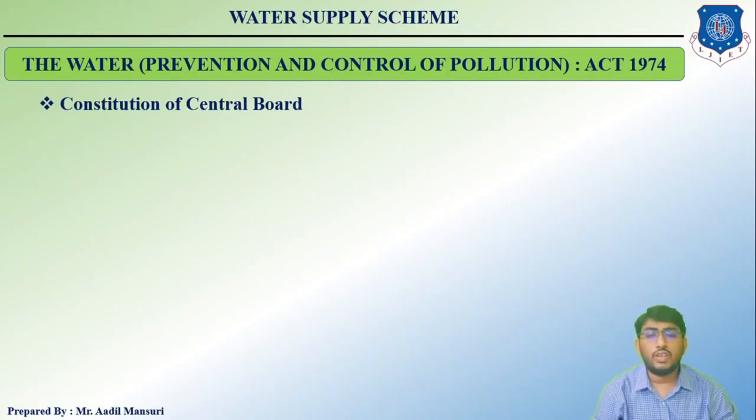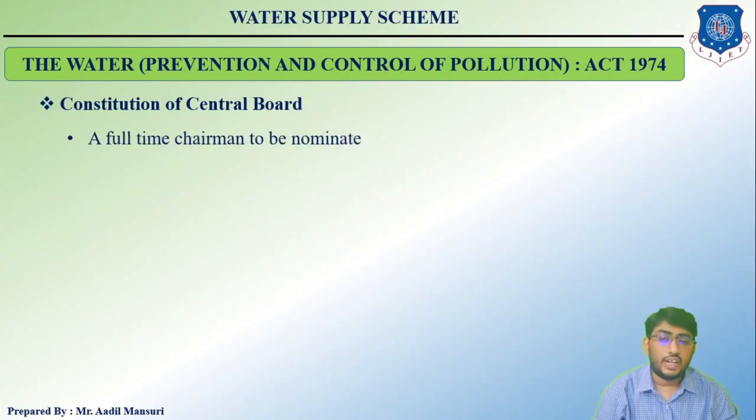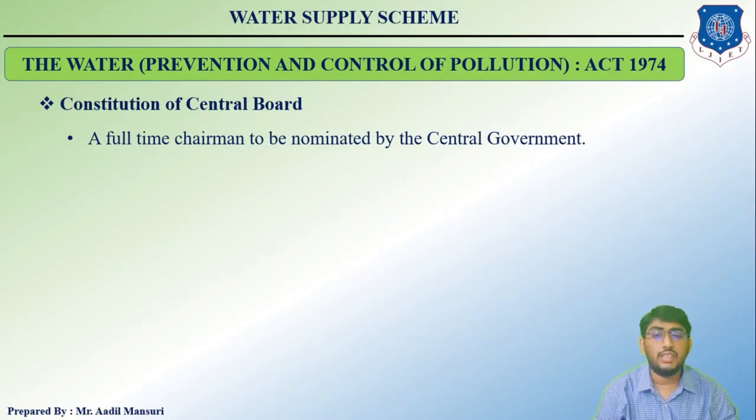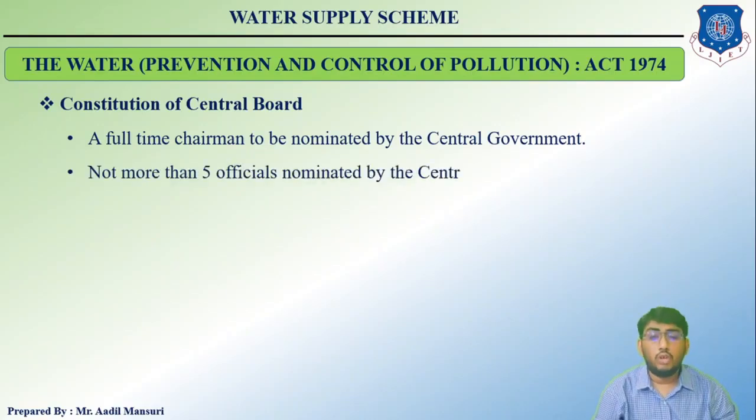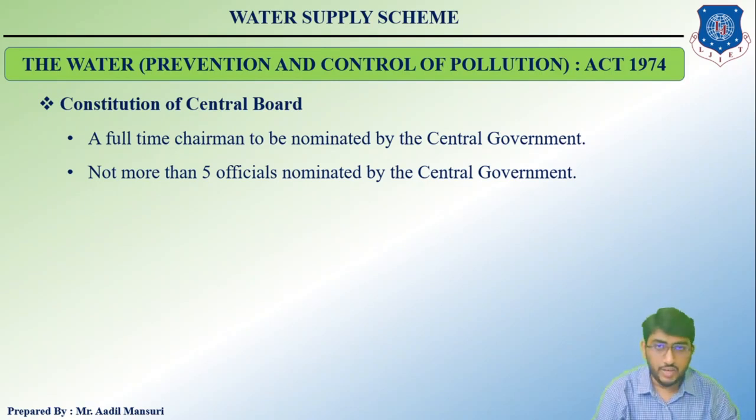So talking about the constitution of the central board, it contains a full-time chairman to be nominated by the central government. So the central government will nominate a particular person who will behave as the chairman of the central board, right? Then not more than 5 officials nominated by the central government.